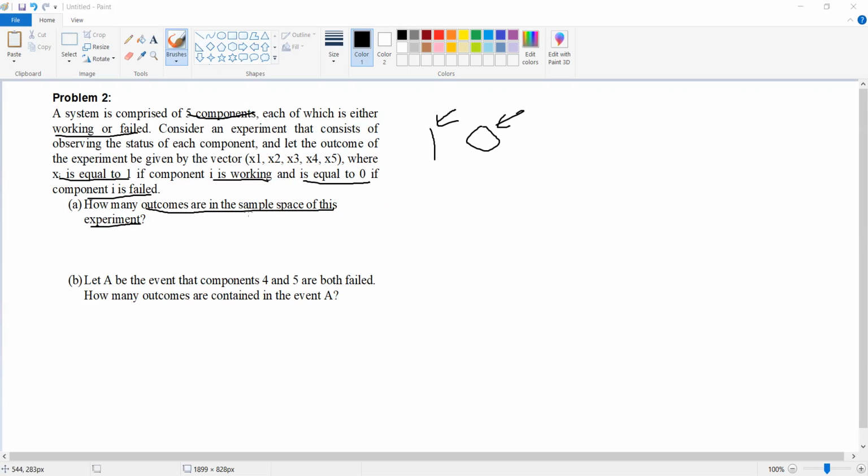So what we say is that you have one space, two possibilities. One space where you can either fit a 1 or a 0, either one of them. Then you have the second space, you can fit a 1 or a 0. So you don't know beforehand whether these components are working or not working.